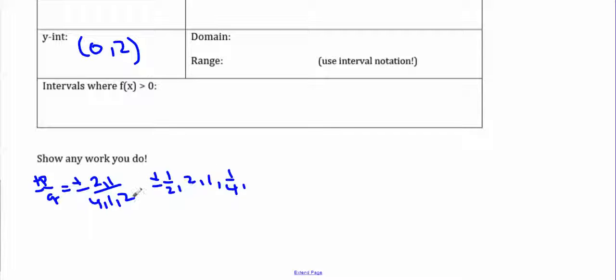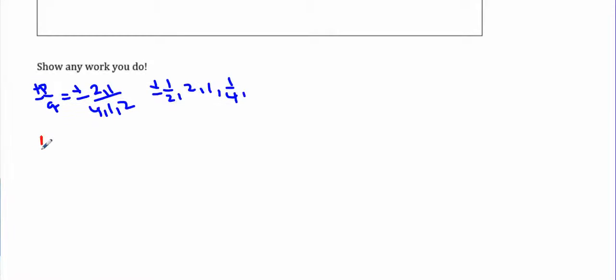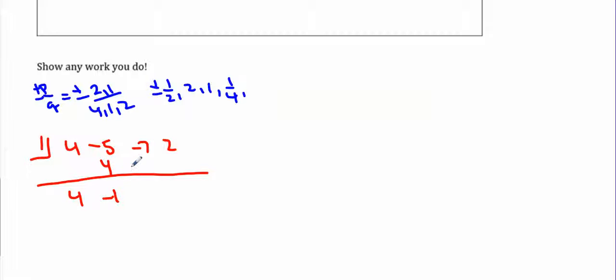So let's just go ahead and try 1. When we try 1, I'm going to extend this page a little bit. So I have 4, -5, -7, and 2. So 4, 4, -1, -1, -8, -8, negative... what did I do wrong?